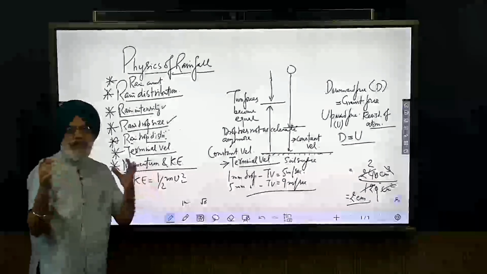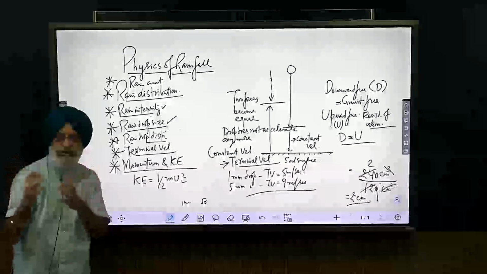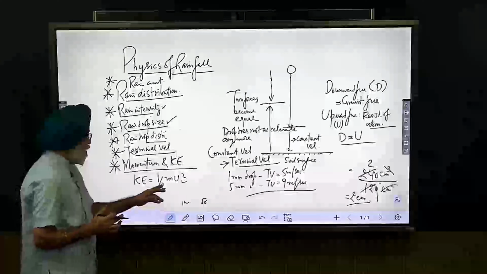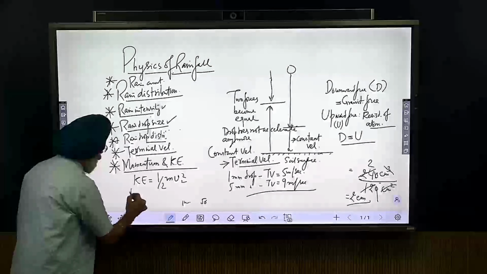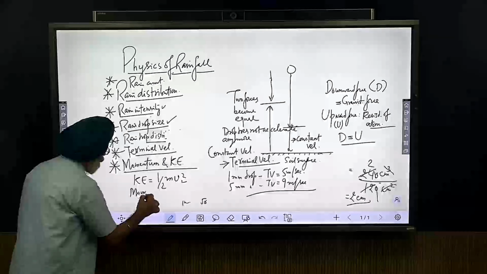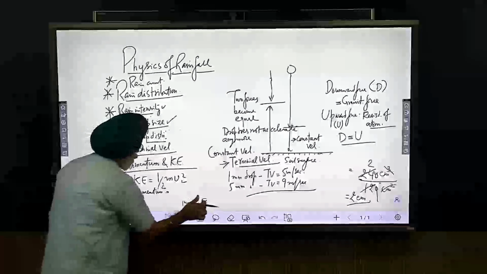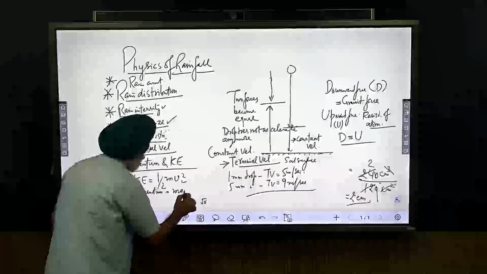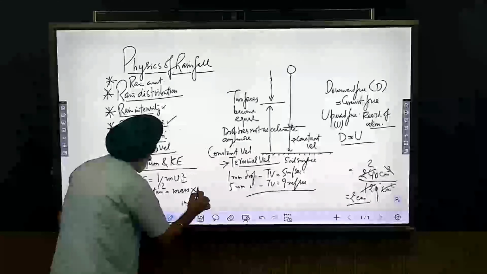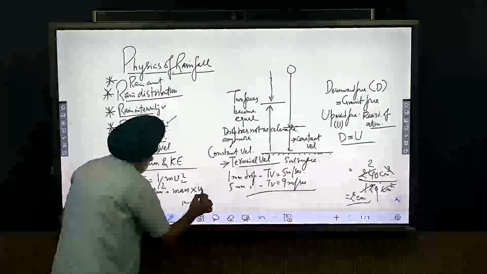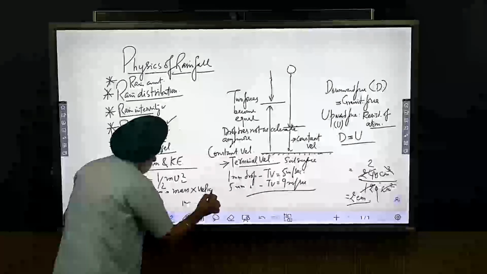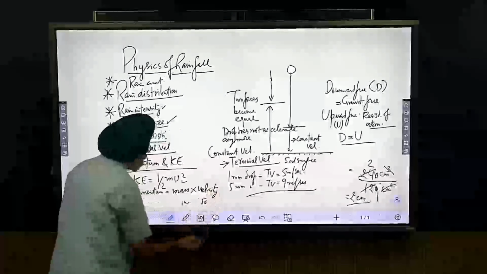When you combine intensity with raindrop size or mass, you get kinetic energy, and momentum is mass into velocity.